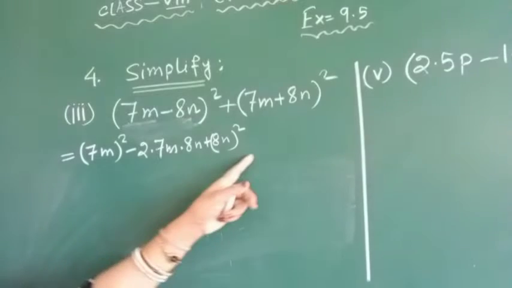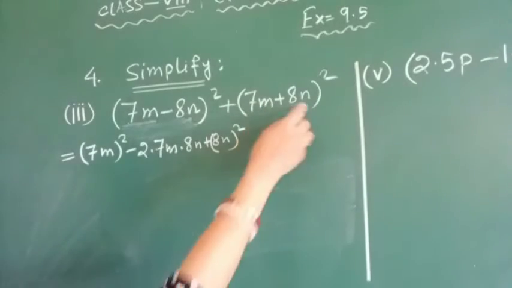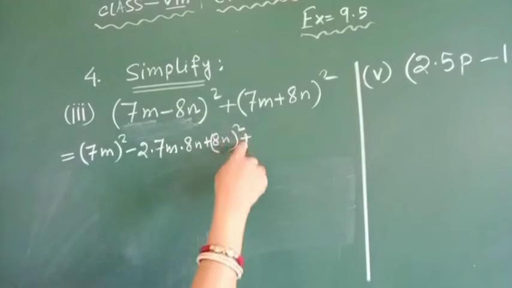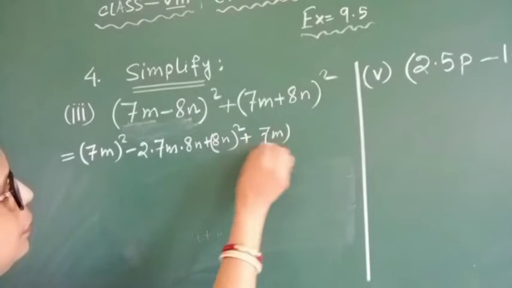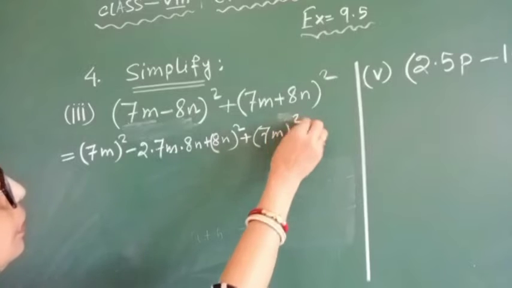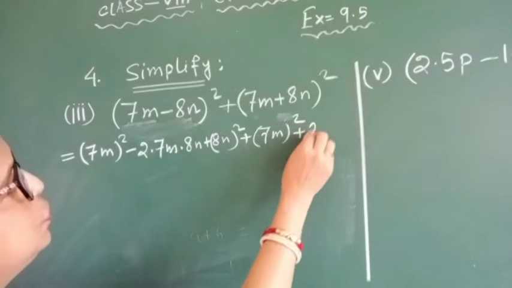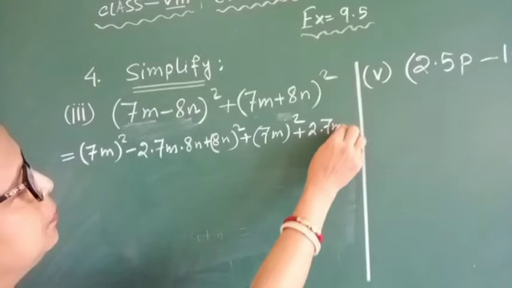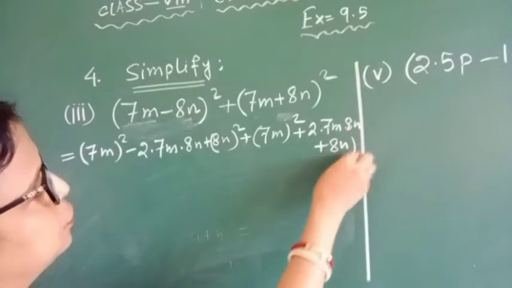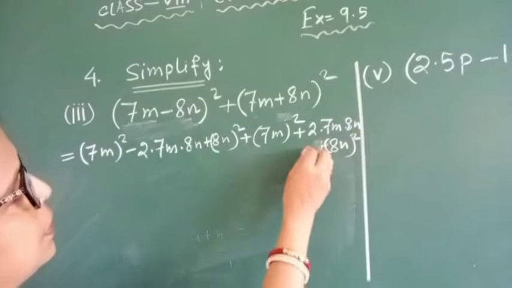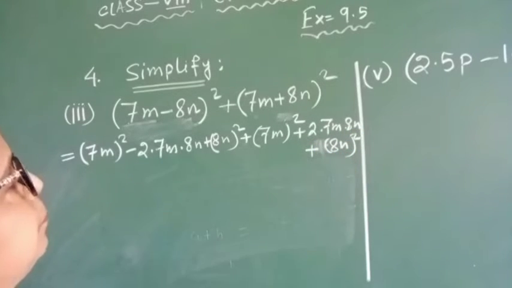In the next sum, (a plus b) whole square, so this plus sign I have to write. Then (7m) square, that is our a square, plus 2 into 7m into 8n plus (8n) whole square, that is b square.